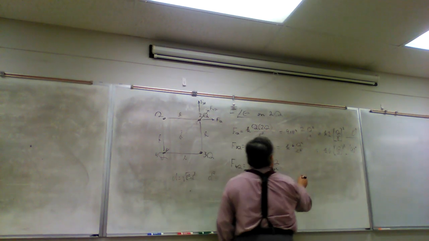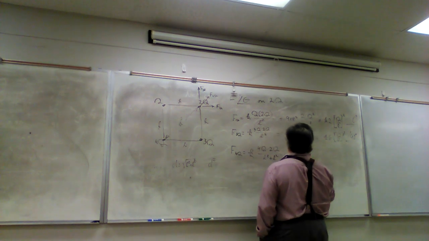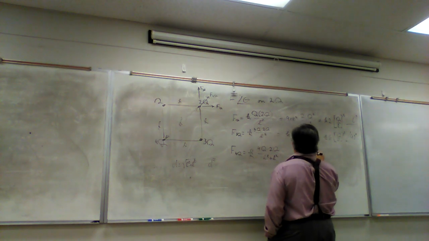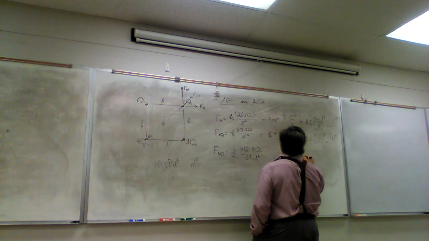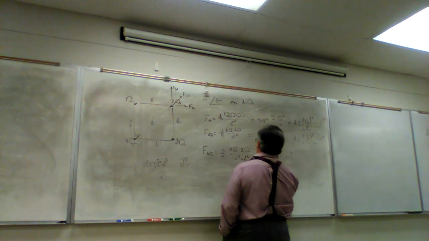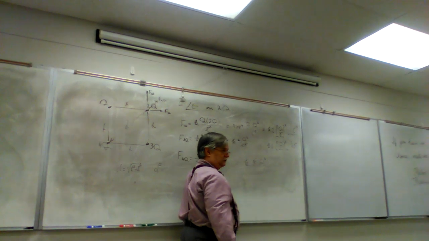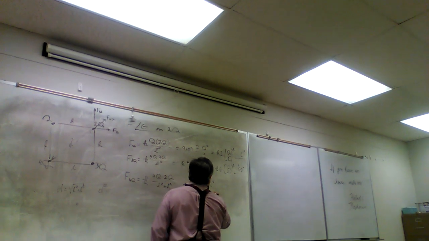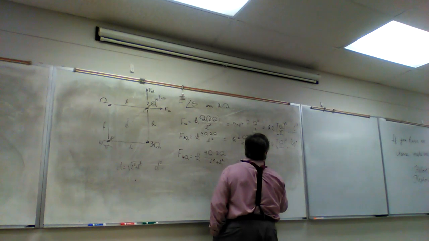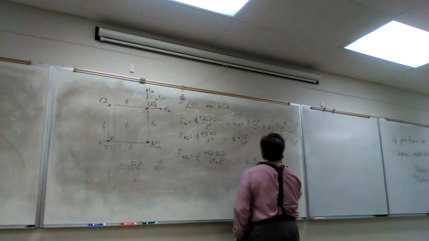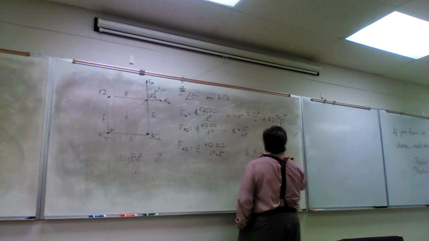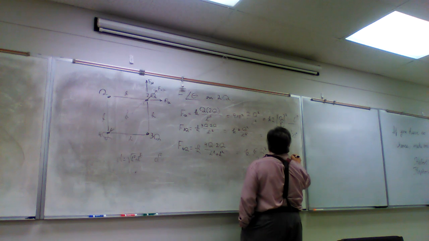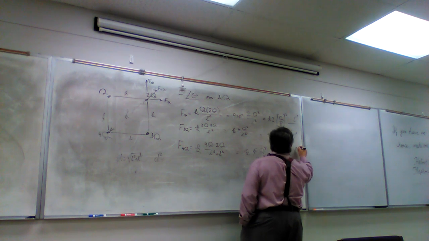All right, so we write that as K times 8 times Q squared divided by 2 times L squared. See the 2? 8 over 2 equals 4, so 4 K Q over L squared.